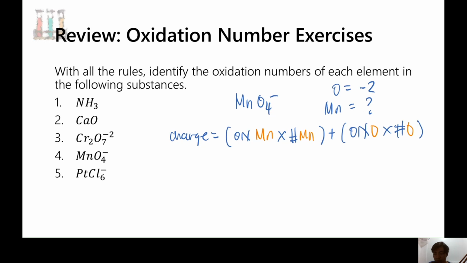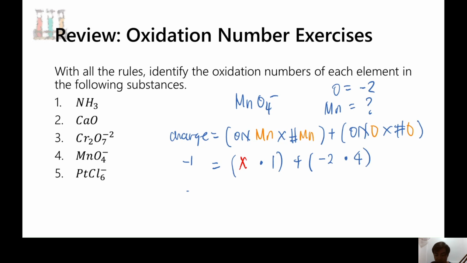Okay, so let's apply the info na meron tayo. The charge is -1 as indicated by the exponent. Oxidation number of manganese, I don't know, x yan. Red na lang, para kita. Times the number of manganese atoms, isa lang. Plus oxidation number of oxygen, in this case that's always -2, times the number of oxygen atoms, which is 4.